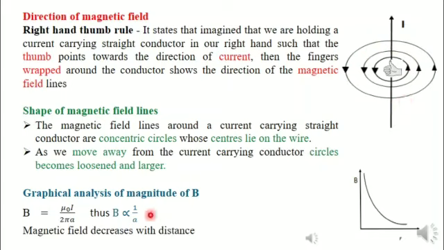The magnetic field produced by a straight conductor B equals mu 0 I divided by 2 pi a. Since mu 0, I and 2 pi are all constants, B is proportional to 1 by a. So when distance increases, magnetic field decreases.